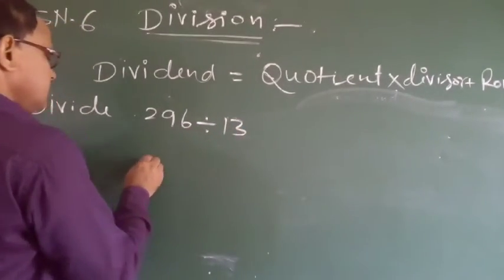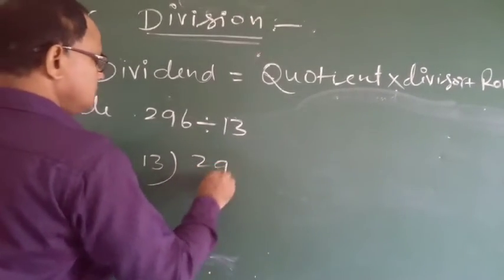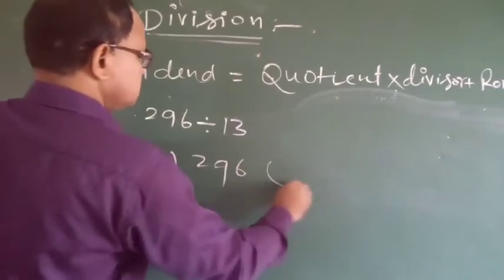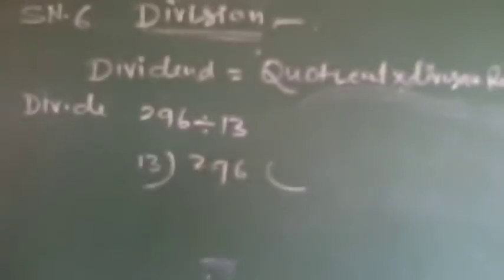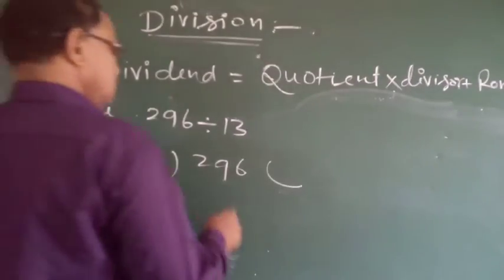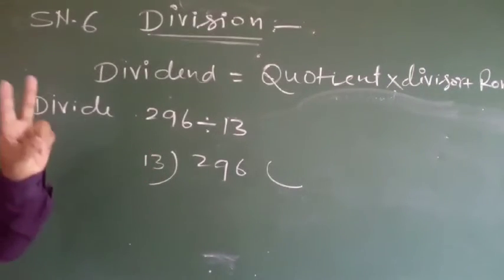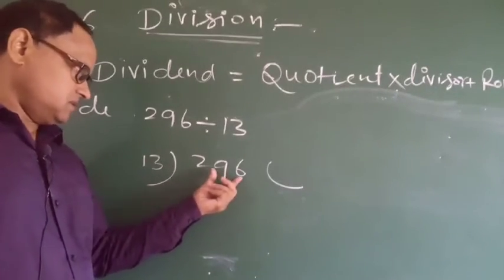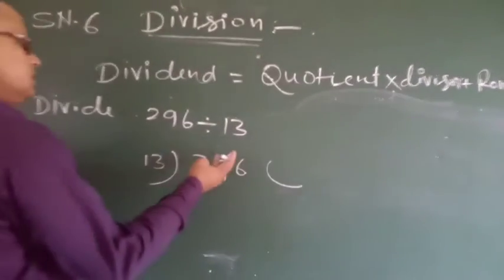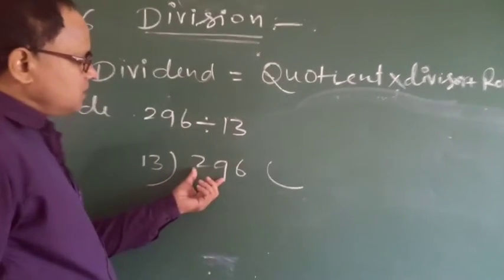Okay, here 13 divide of 296. 13 is the divisor, 296 is the dividend. Okay, students, look here. 13 has two digits, ones and tens. 296 in this case has 3 digits. Okay, 13 divided of 29.